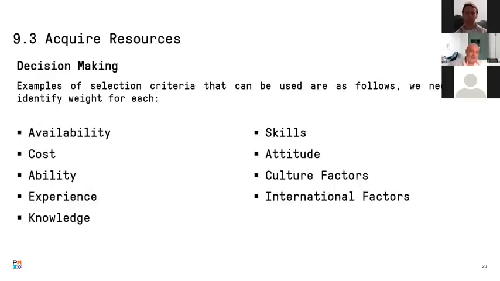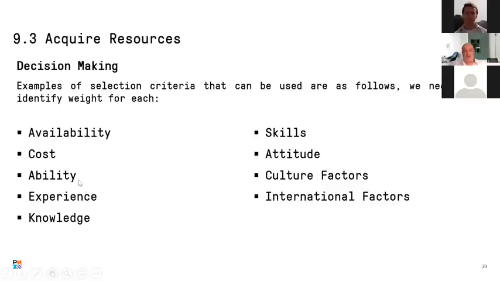If I go back to the decision making, and we talked about the multi-criteria, these are the different, let's say, criteria that we may have while we are selecting a resource. So we can select the availability. Maybe we have the best resource, but he or she is not available during the period of the project.